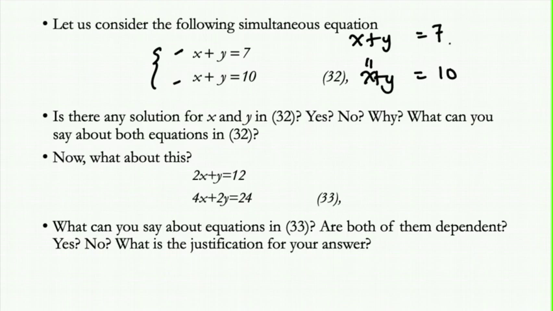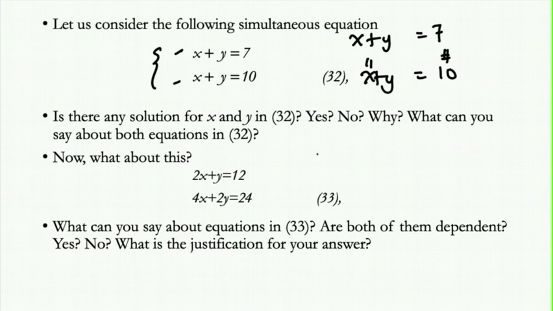However, on the right hand side, 7 is not equal to 10. So x plus y equals 7 is not consistent with x plus y equals 10. When they are not consistent, of course we can't find a solution, although we have two equations and two unknowns. So they are inconsistent.